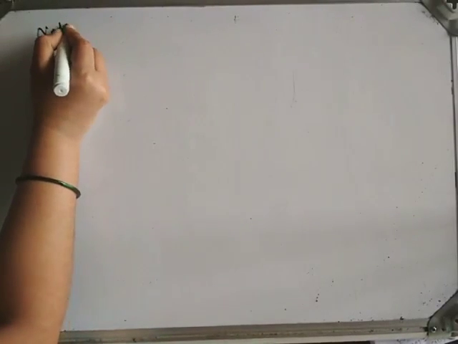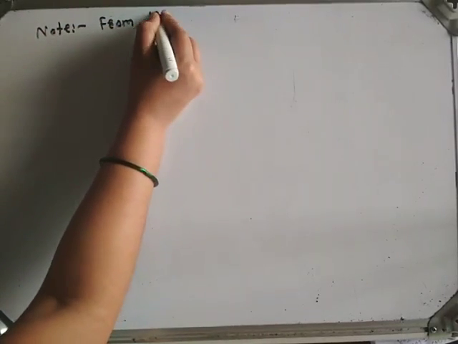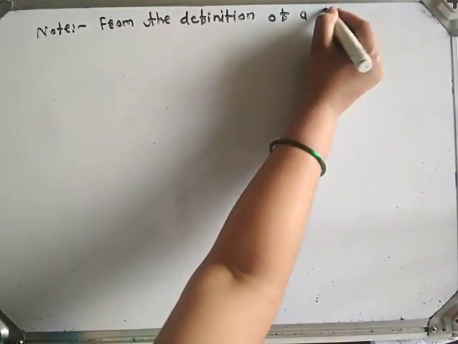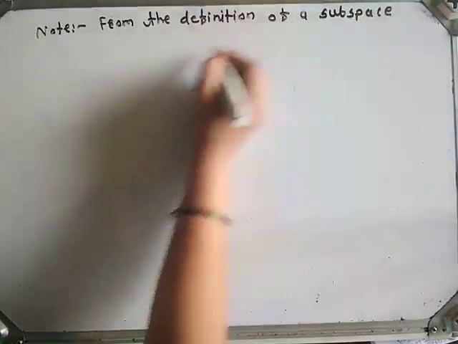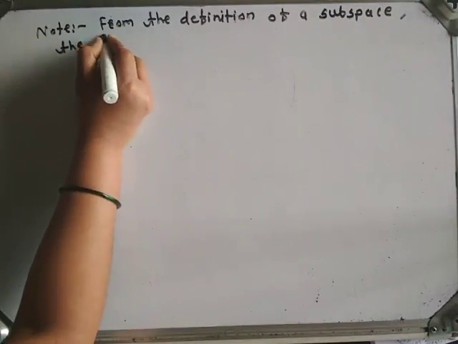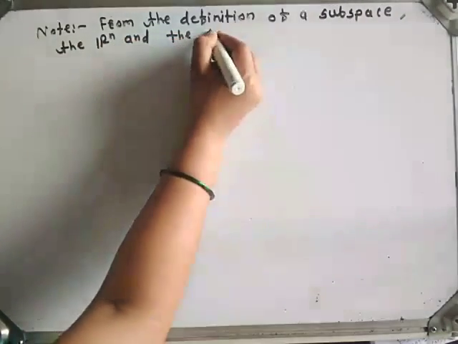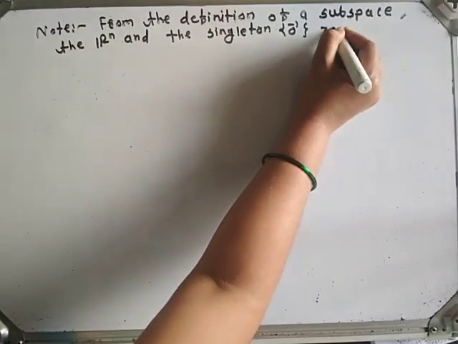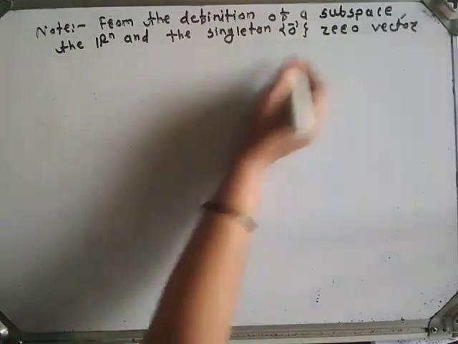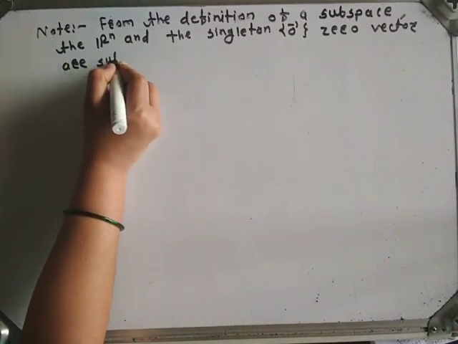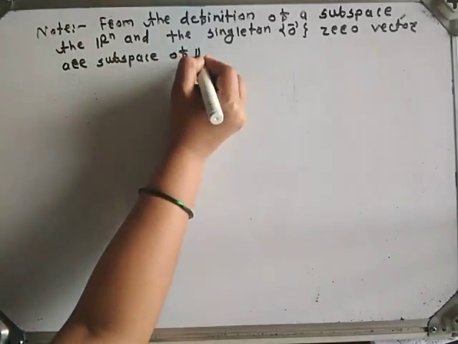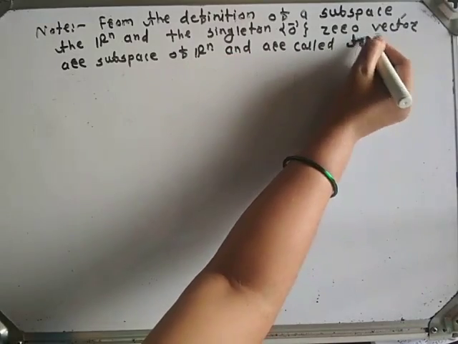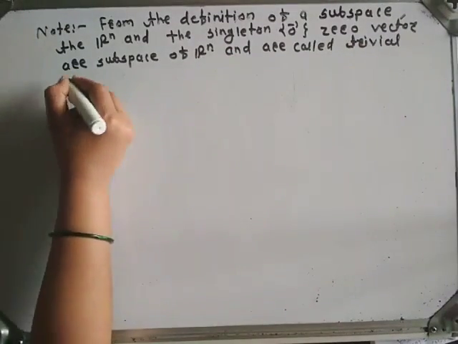Write down one note. From the definition of a subspace, the Rn and the singleton 0 bar, the zero vector, are subspaces of Rn and are called trivial subspaces of Rn.